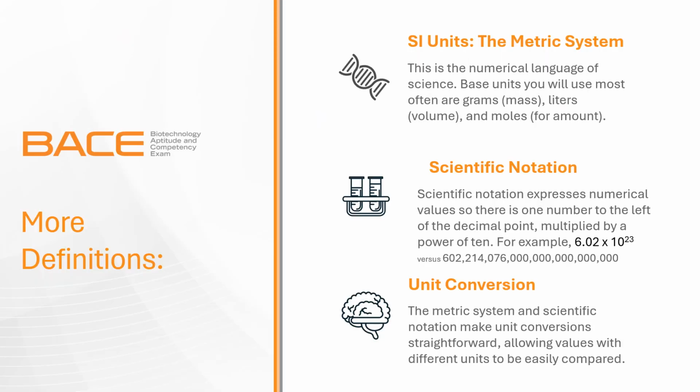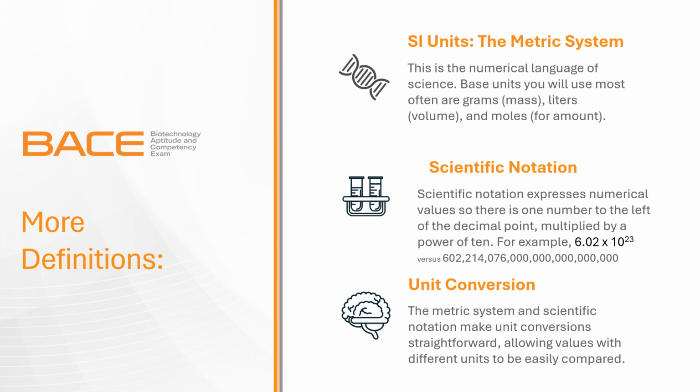The SI base units you will use most often are grams for mass, liters for volume, and moles for concentration or amount. Scientific notation expresses numbers so that there is one digit to the left of the decimal point, and that number is multiplied by a power of 10. Computations are easier in scientific notation, as everything is expressed in relation to a power of 10, and some very large numbers are easier to write.